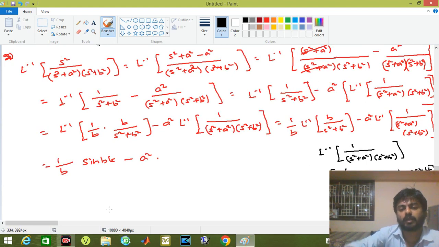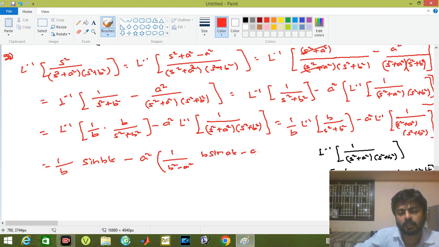So a square of 1 by b square minus a square into b sin at minus a sin bt divided by ab.